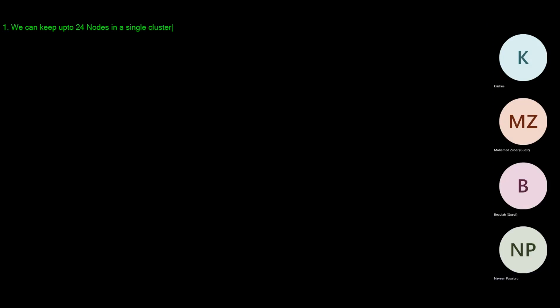That means we can combine 24 controllers and create a cluster. But in 7-Mode, the maximum is only 2 controllers. In cluster mode, it is 24 controllers. That means 24 controllers will act like a single system and work together, so there are a lot of benefits because of this.